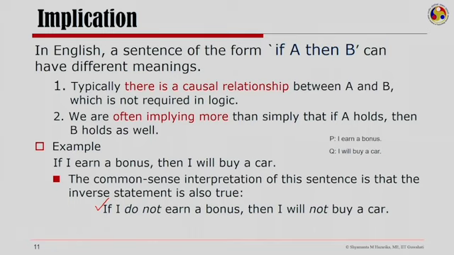Then the statement, if I earn a bonus, then I will buy a car, could be written as if P then Q. One needs to realize that the common sense interpretation of the above sentence, that if I do not earn a bonus, I will not buy a car, is not included by if P then Q.